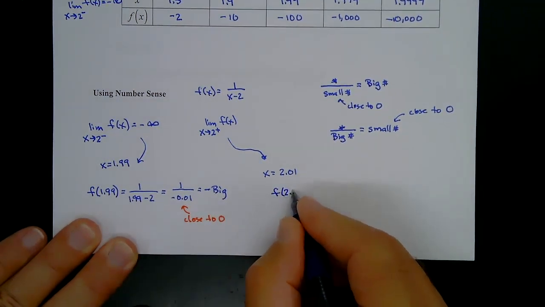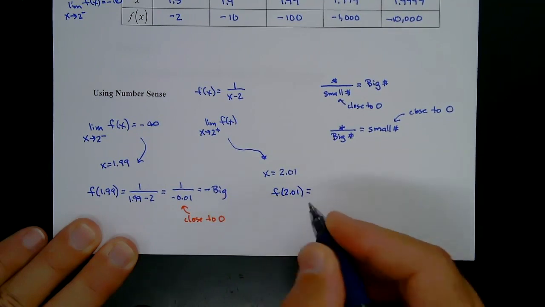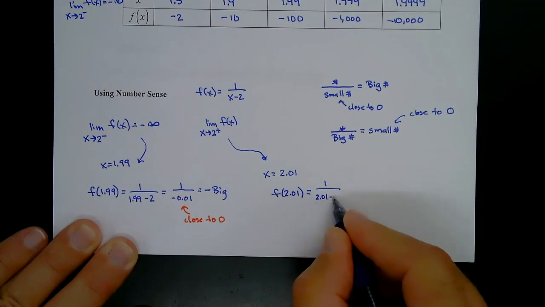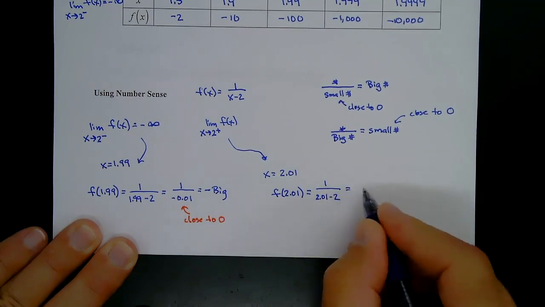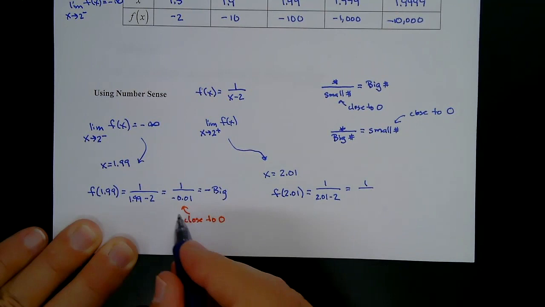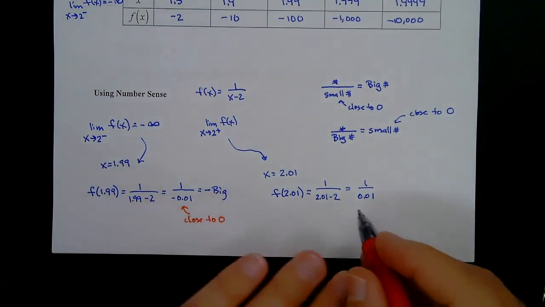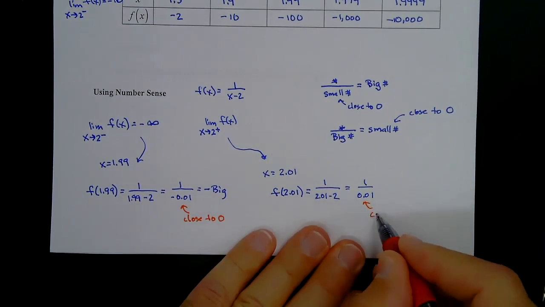So f of 2.01 is going to be 1 over 2.01 minus 2. That's going to give me 1 over, once again, 0.01, but it's going to be positive, right? So once again, this is a number that's close to 0.